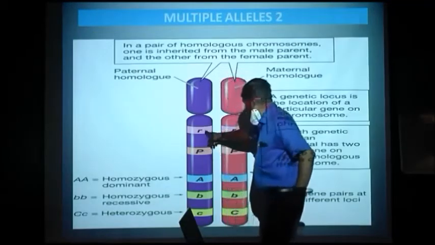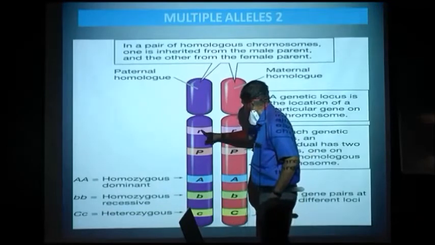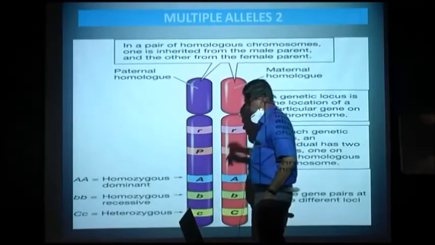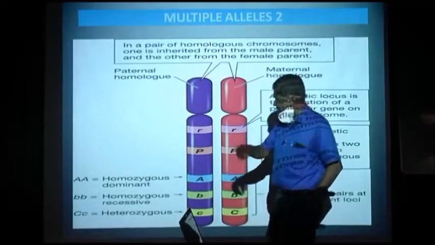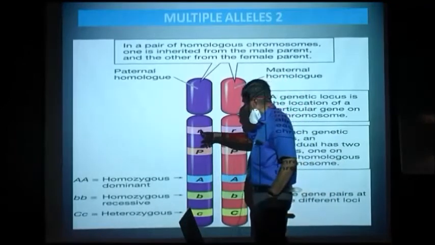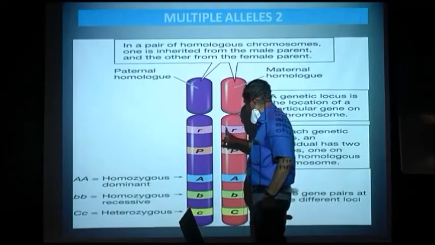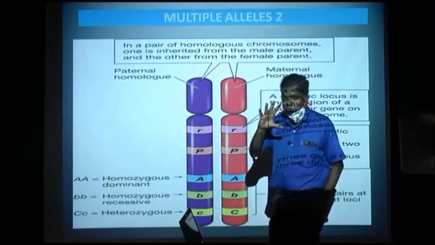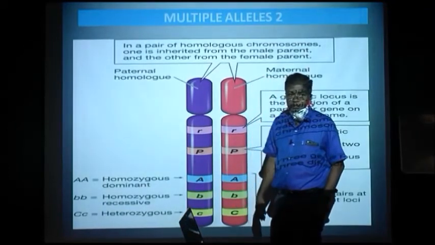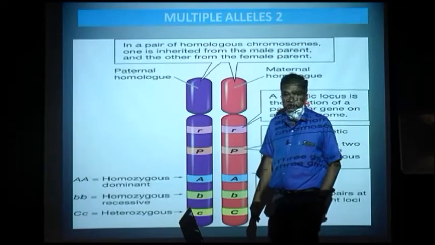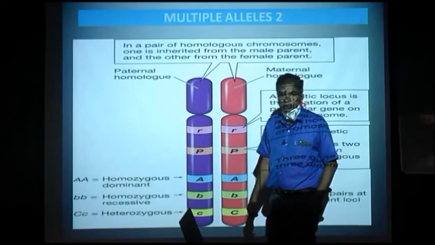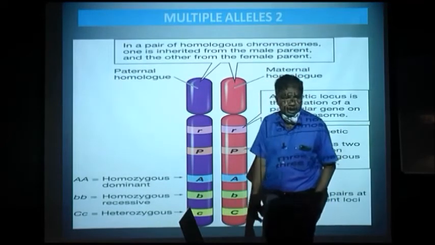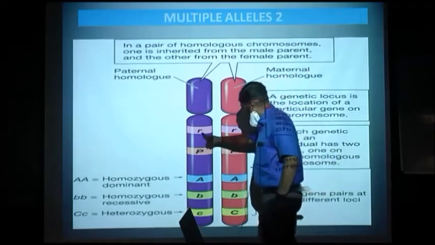Now, come back to this condition. Here, this is the locus where the gene occurs. For a particular character, either the gene present here or both will determine it. But the multi-gene condition, or polygenes, is expressed by a number of genes.